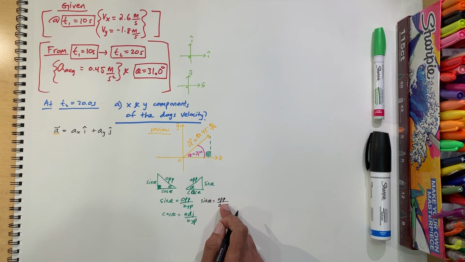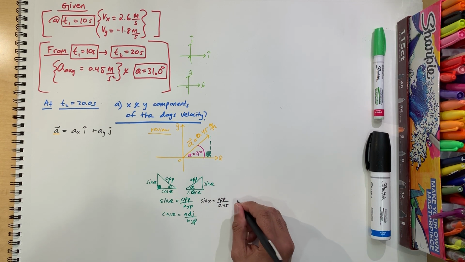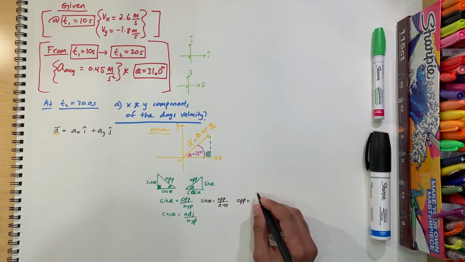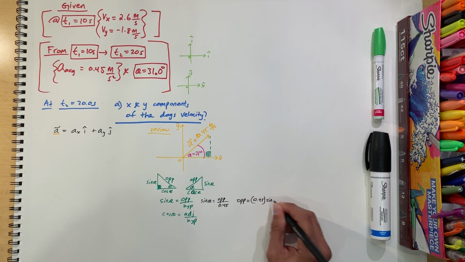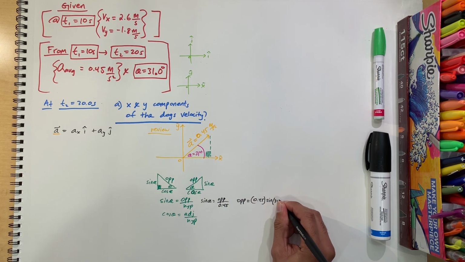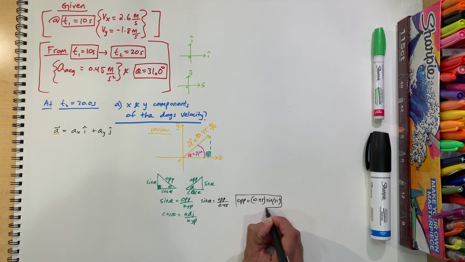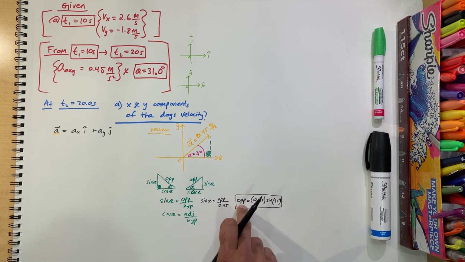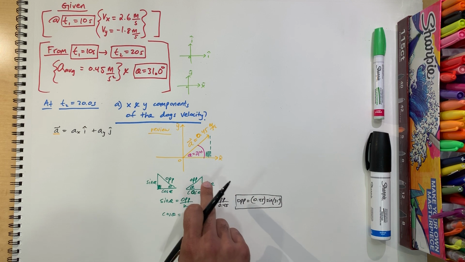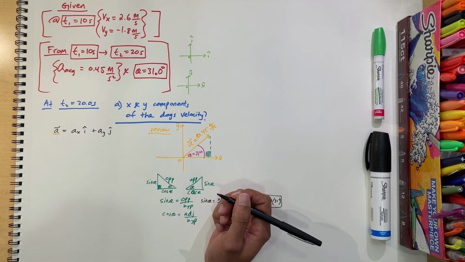Now let's put the 0.45 to this side, and so opposite is going to equal 0.45 times sine of 31 degrees, because we know the angle. This is the opposite side, and oh, this is the hypotenuse. What did I do here?